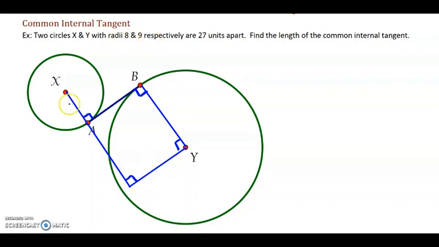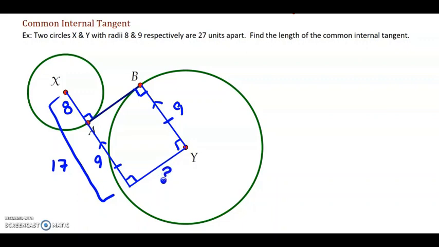They told me that the radius of the smaller circle was 8, the radius of the larger circle was 9. Since I drew this as a rectangle, opposite sides are both parallel and congruent, so I know that's 9. That makes this distance 17. I don't know what this measure is.